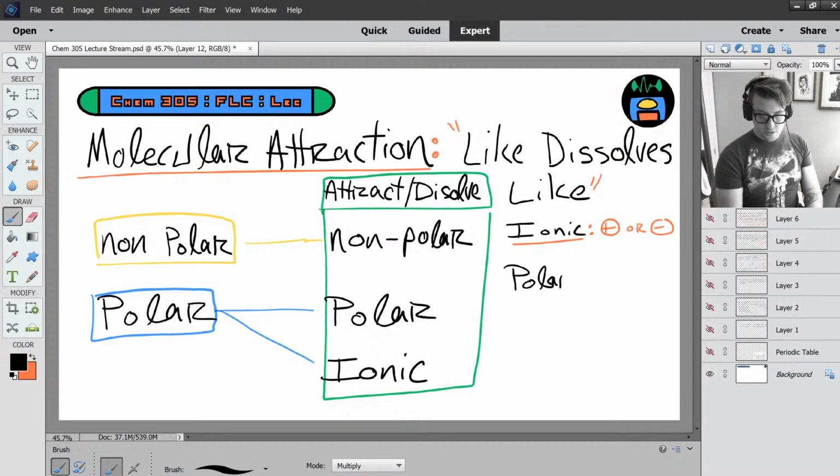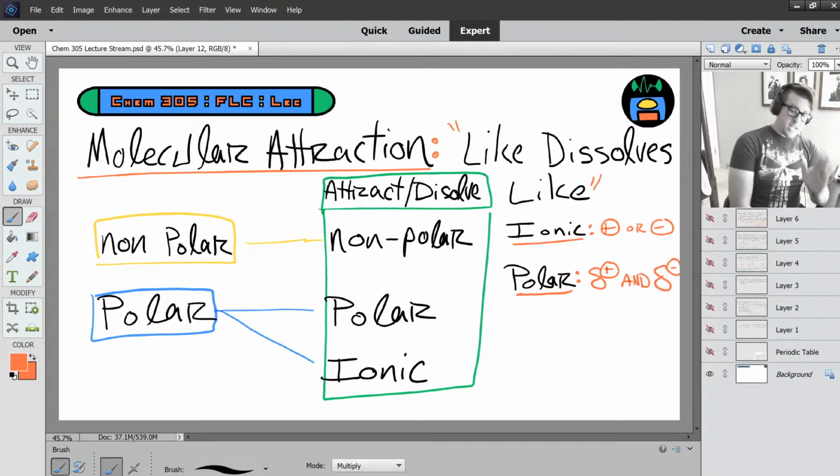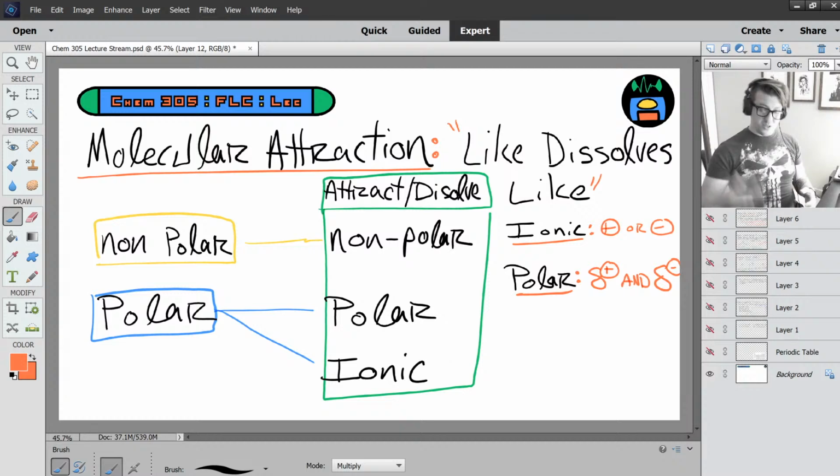If a molecule is polar, that means that it has a partial positive and a partial negative. So no matter what type of ion you're dealing with, there is a partial positive for the negative ions in your molecule, and there is a partial negative for the positive ions out there. So polar molecules can dissolve ionic compounds because polar molecules are partially charged. All right, so they can do both other polar molecules and ionic molecules.